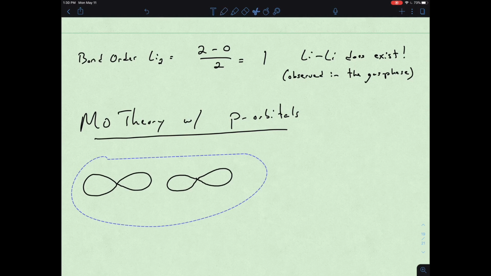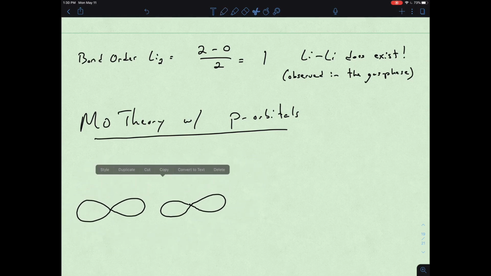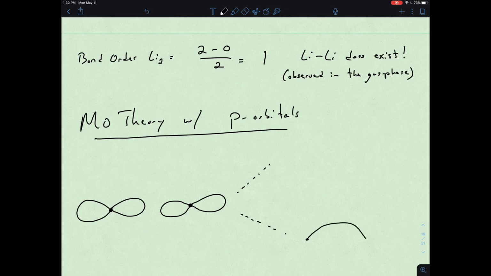Notice that both the lobes are in, in this case, I guess the x plane. And so you end up with kind of the same idea happening with the s orbitals, where you have those nodes in the middle, where we're going to have a very large overlap in between the two elements.